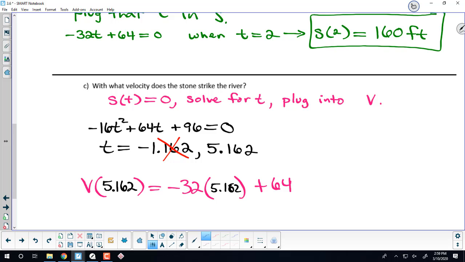So that's the time it takes for the stone to reach the river, and then we're measuring the velocity at that particular time. So negative 101.84.